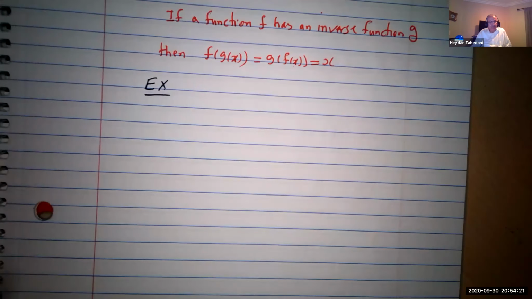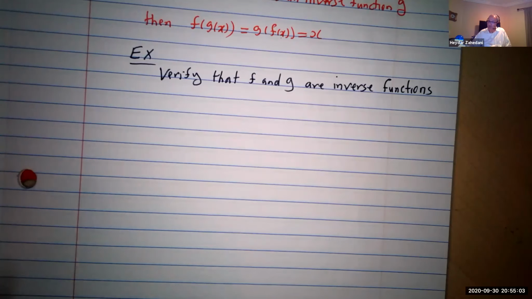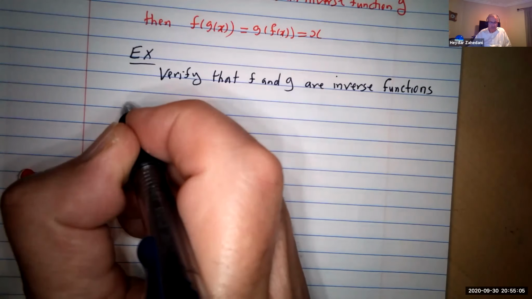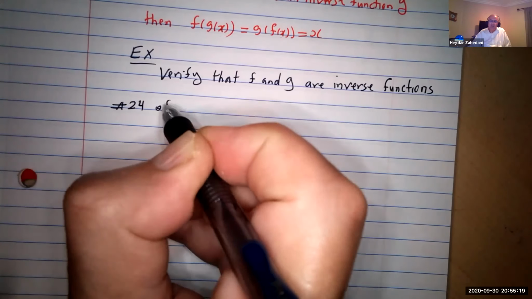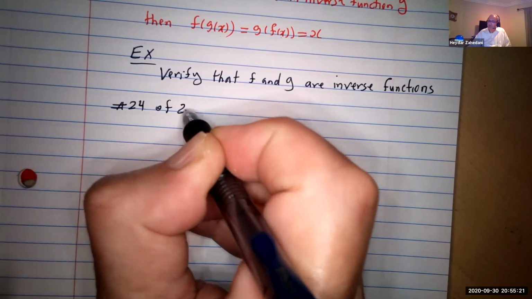I did this one before, so I switched it. This is from your book. We can pick two. Let's go with number 24 first, of section 2.7.